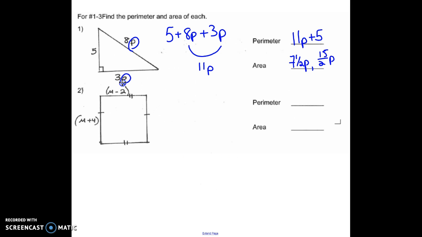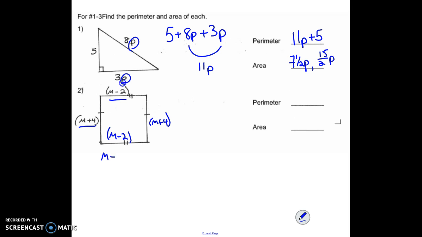The next one, this figure is a rectangle, right? Opposite sides equal, or it's a parallelogram, but it's definitely not a square. So perimeter, you can either add all the sides. This is m minus 2. This one is m plus 4. So I can do that, or I can multiply this side by 2 and this side by 2, and I'll get the same answer.